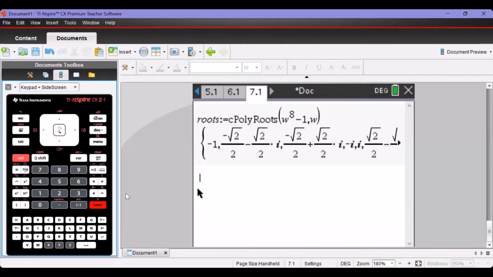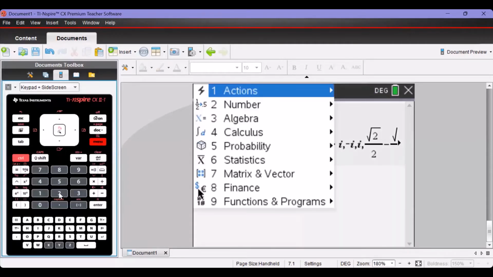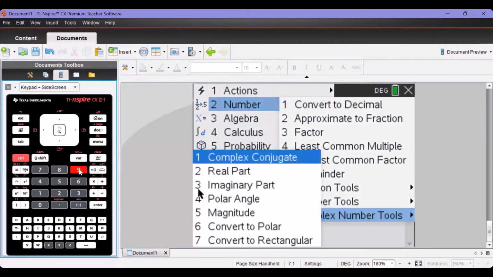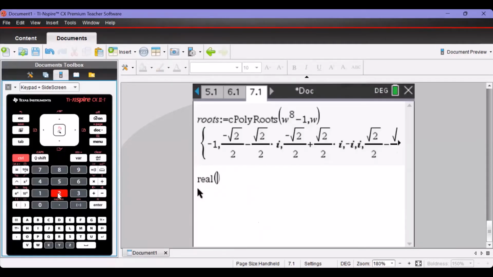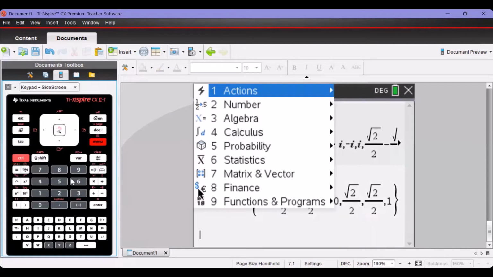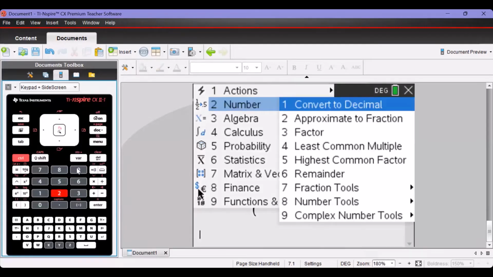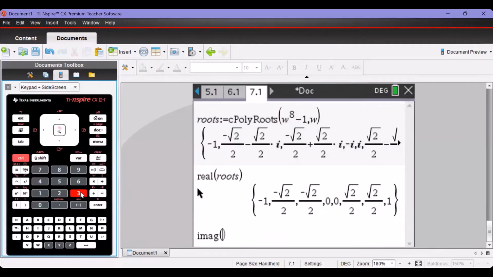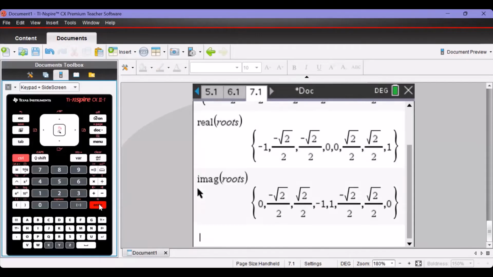Now let's extract the real and imaginary parts of each. So we will press menu, 2 for number, 9 for complex number tools, 2 for real part, press var, and select roots, press enter, enter. So they're the real parts of the 8 roots. Now we'll do the same and extract the imaginary parts. Press menu, 2 for number, 9 for complex number tools, 3 for imaginary part, press var, enter, enter.